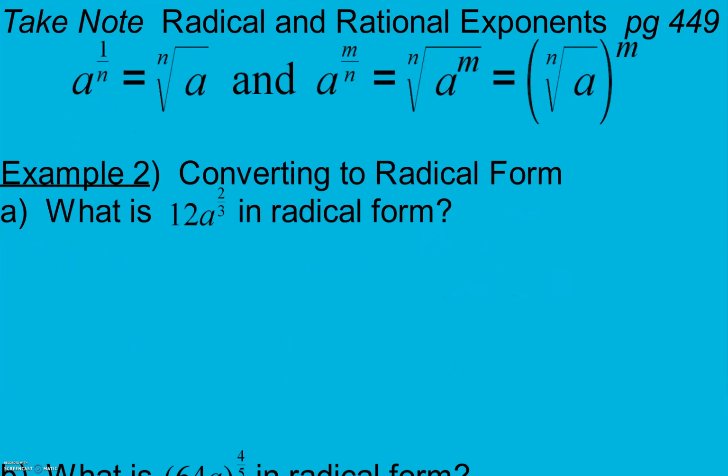Take note, page 449 talks about radical and rational exponents. So here we just have a bunch of different ways of rewriting the exact same thing. In all of these, our base and our radicands are the same.